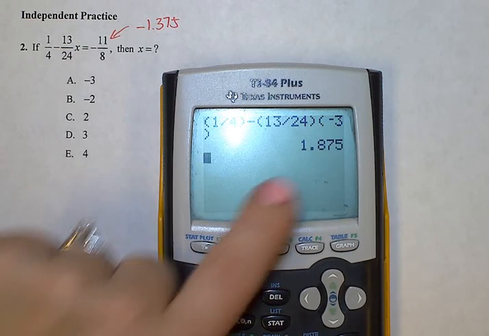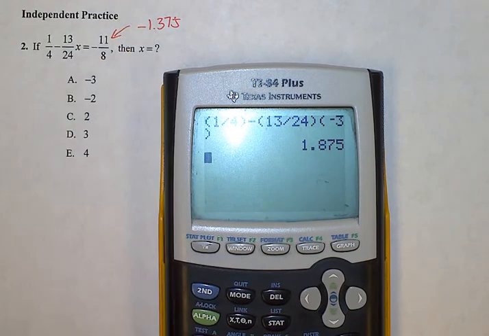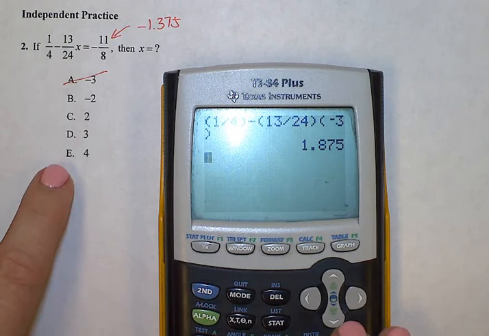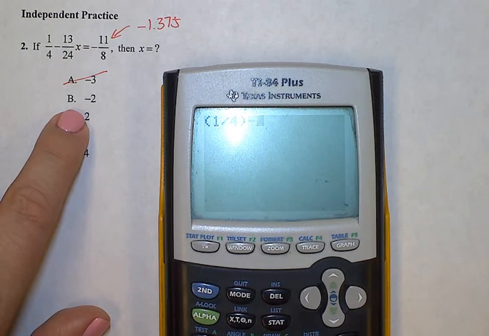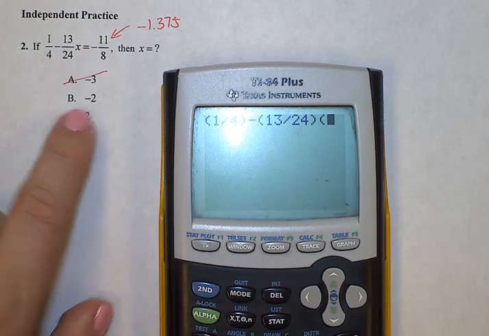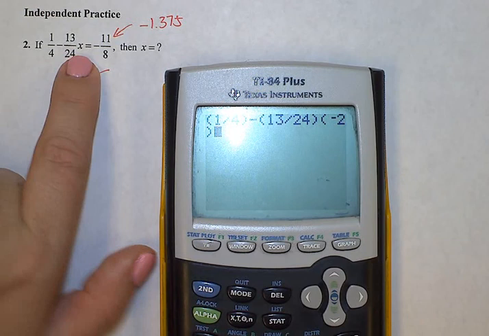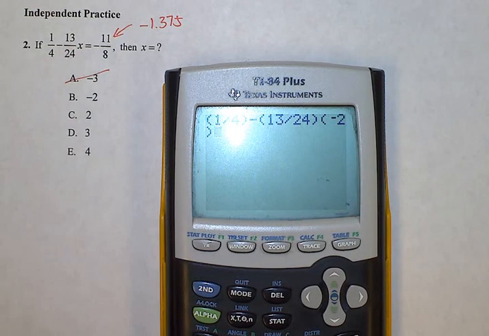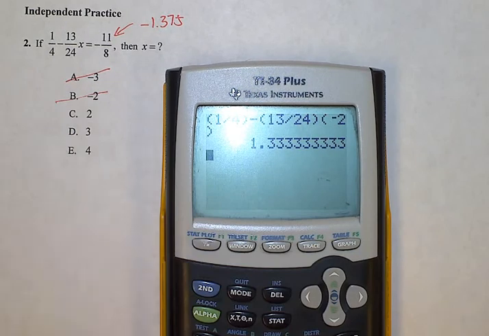This is not equivalent to negative 1.375. A does not work. Try option B. Substituting negative 2 in for x. Again, keeping parentheses there. This is not equivalent to negative 1.375.